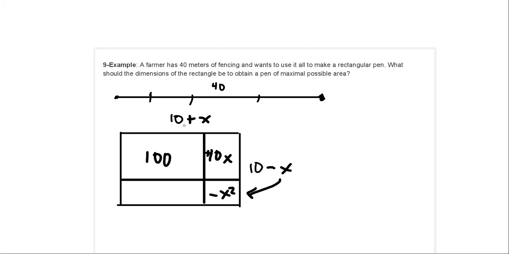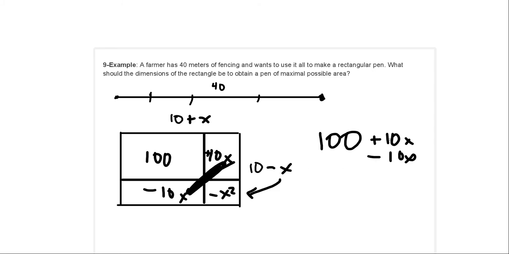And then 10 times negative x is negative 10x. And lo and behold, we get an expression for the area: 100 plus 10x, take away 10x, which eliminates to 0, so you have 100 minus x squared as the area of this pen.